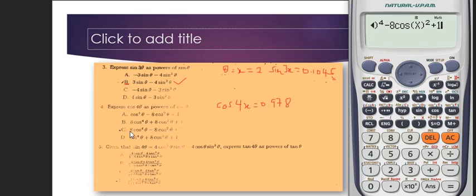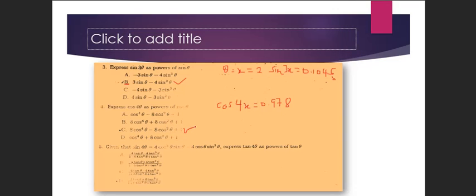So this is 8 cos exponent 4 theta or x minus 8 cos squared theta or x plus 1. Okay, so now let's choose our value. So for this we chose our x to be 3. Okay, so let's choose 3 over here. So you can notice that the answer corresponds. Okay, you can notice that our answer is also C.